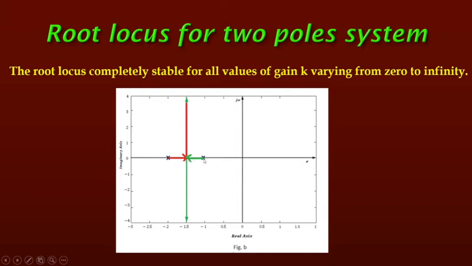The root locus starts from these two open loop poles, meets at a point, and moves to infinity along the asymptote. Therefore, the two-pole system, or second order system, is also completely stable for all values of gain K from 0 to infinity.